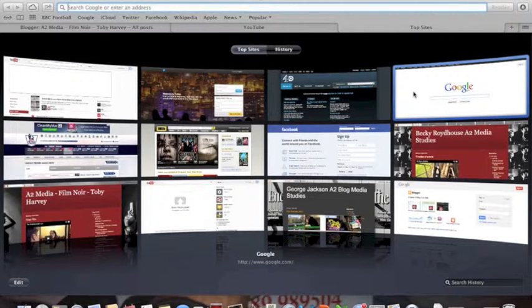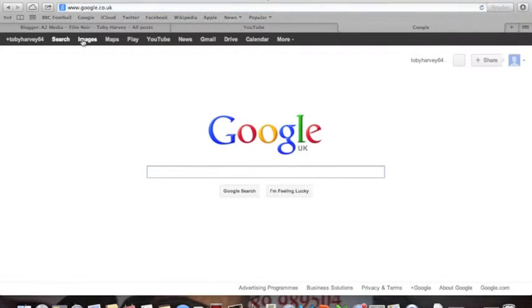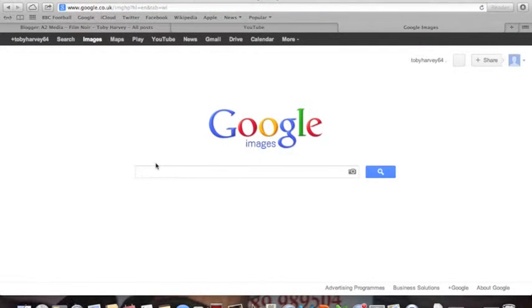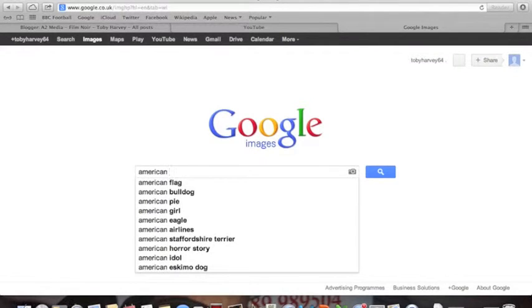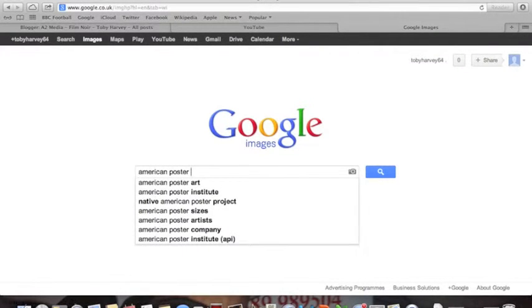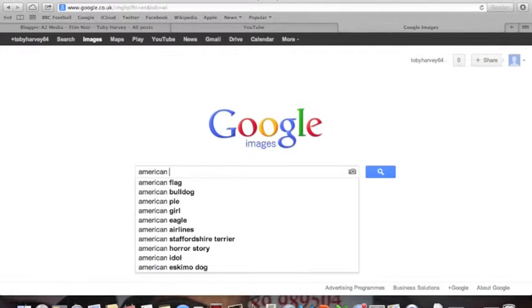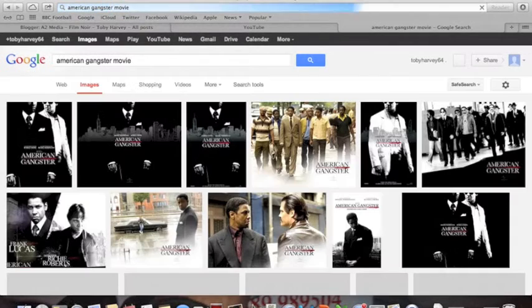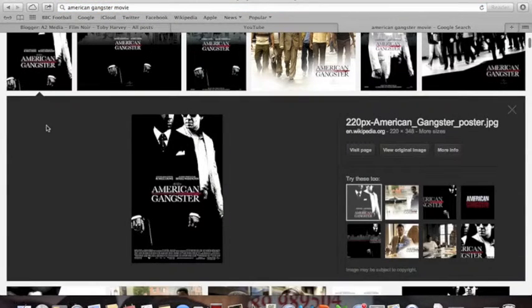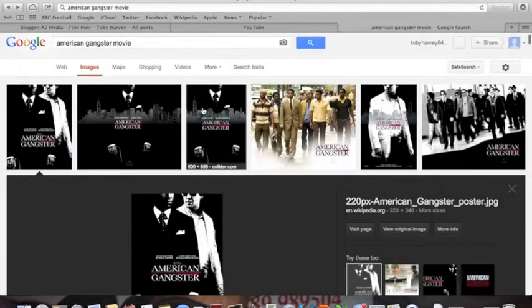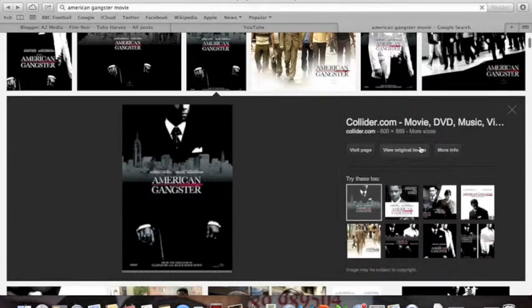American Gangster, it's not really a neo-noir film, but the poster would look good if it was a neo-noir, basically. It's a bit small, but as you can see, you've got the black and the white, and the line in between is like the white card, the one I've done.